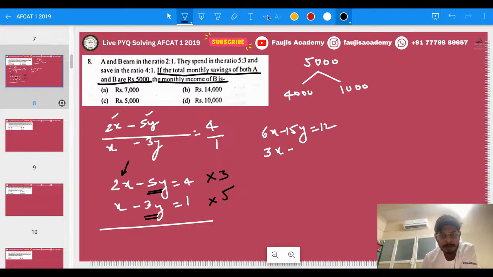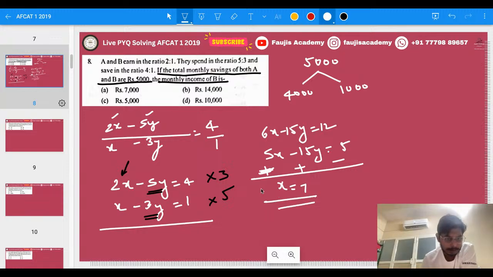So this one will become 5x minus 15y is equal to 5. This is minus, this is plus, which means x is equal to 7, right? If x is equal to 7, what is the earning of A and B?